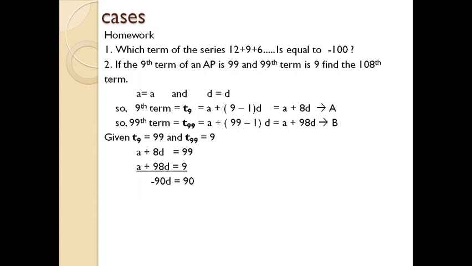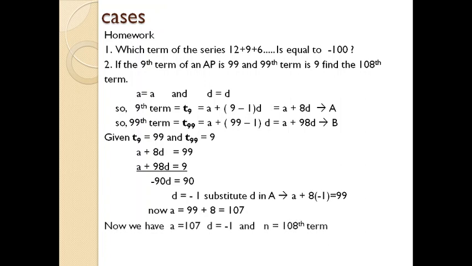By solving on the basis of linear equations, you will get d equals minus 1. By substituting d in either equation, you will get the value of a. Now a is 107. Now we have the value of a, common difference d equals minus 1, and the nth term 108.